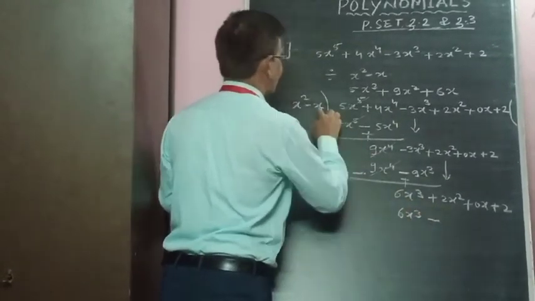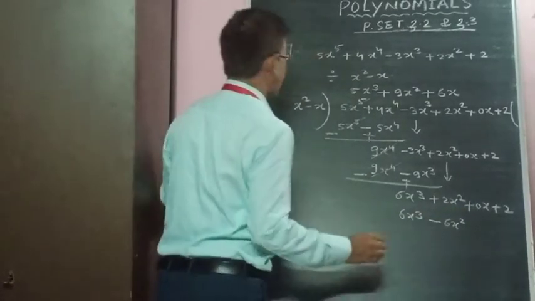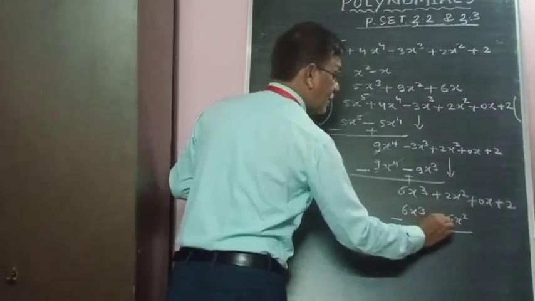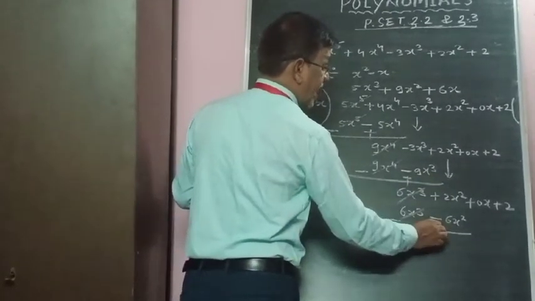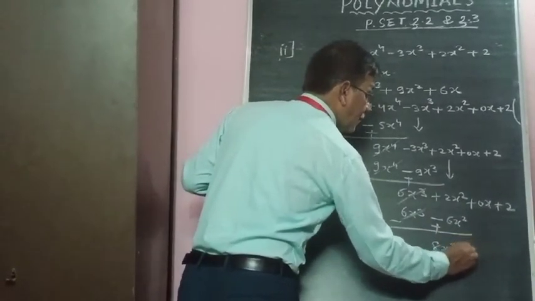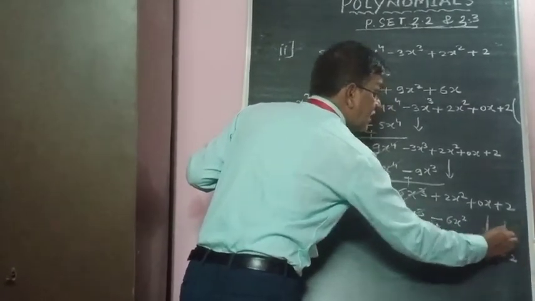minus x into 6x is 6x^2, right? Then again you have to subtract, minus and plus, these two are cancelled. Now plus and plus, you add, 6 plus 2 is 8. 8x^2 plus 0x plus 2, right?